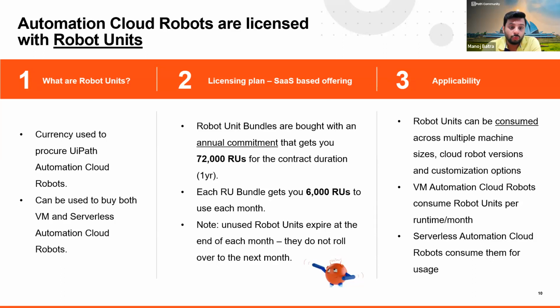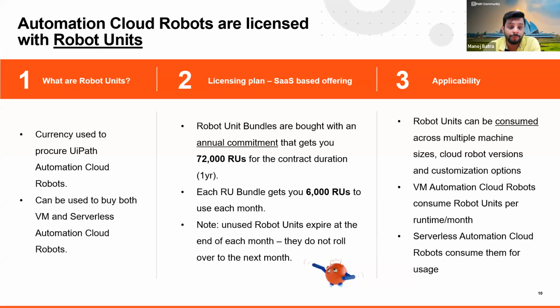For the cloud VM, this generally gets sold in a bundle. If you want to go for any kind of SaaS-based offering on the UiPath side, you need to do an annual commitment with them, and you will get 72,000 RU for 1 year.